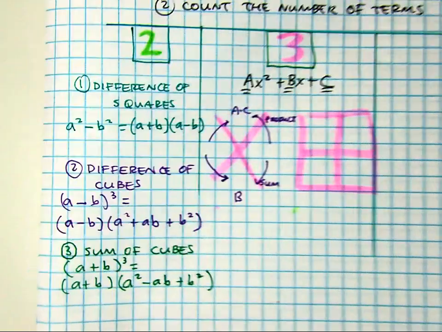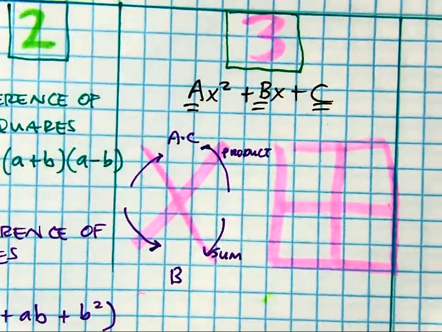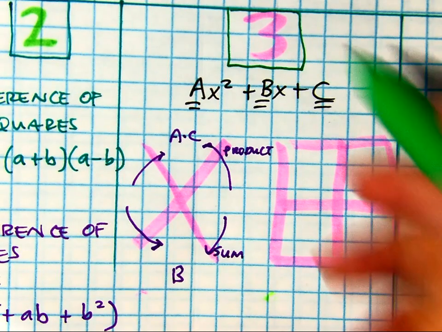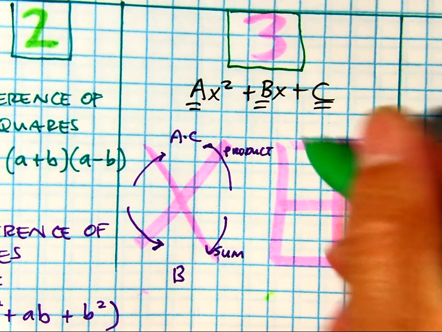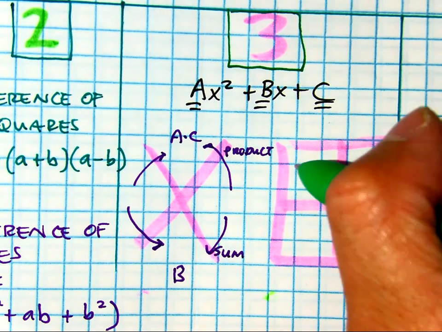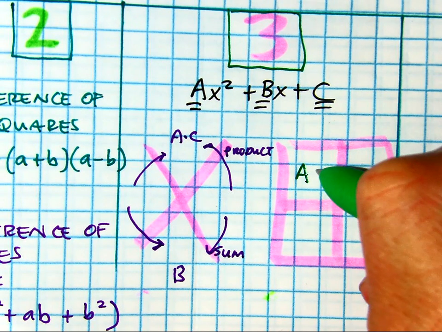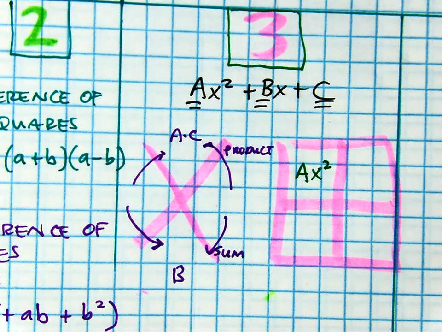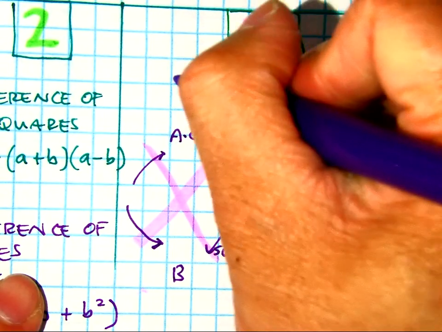Always, always, always in the top left of this, you will always put ax squared. Let's see if I can color code that for you. So whatever this whole term is, you're always going to put that into the top left.